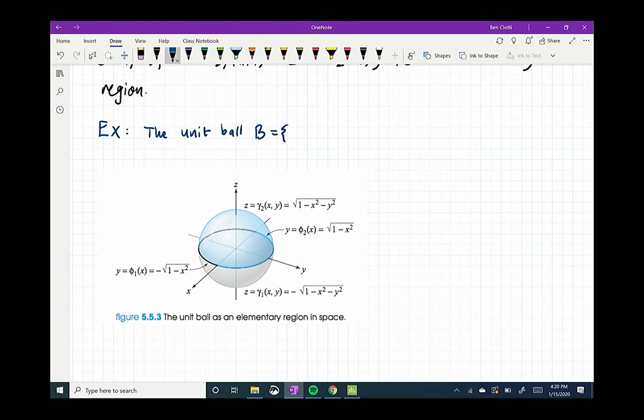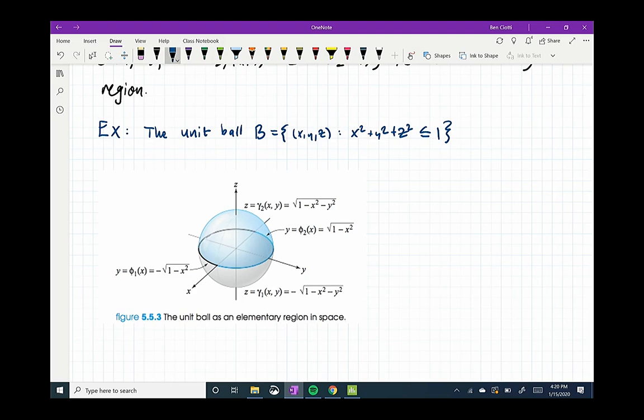Yeah, the ball is solid. The sphere is a two-dimensional surface. The sphere is the surface of the ball. So the unit ball is the set of x, y, z such that x squared plus y squared plus z squared is less than or equal to 1. If it was equal, that would be the sphere.